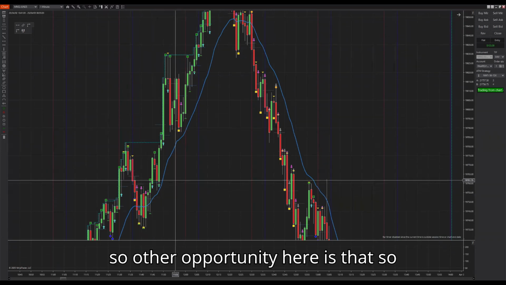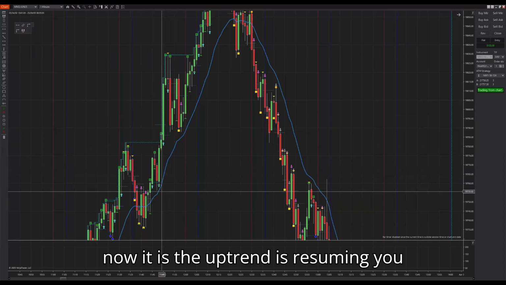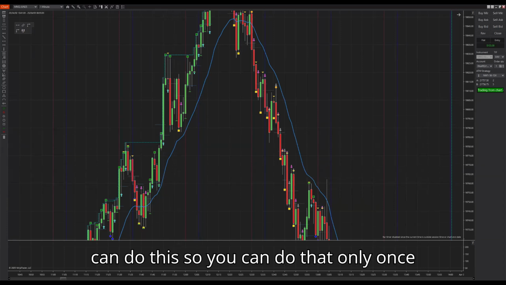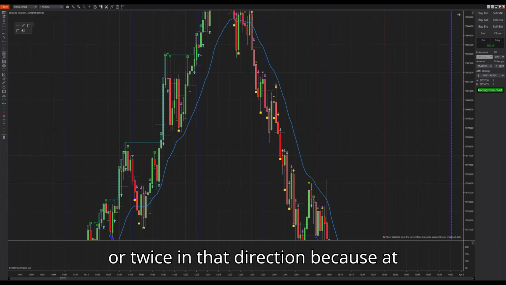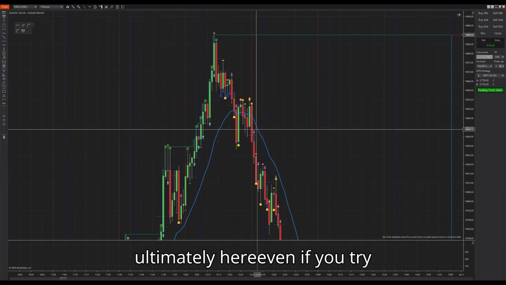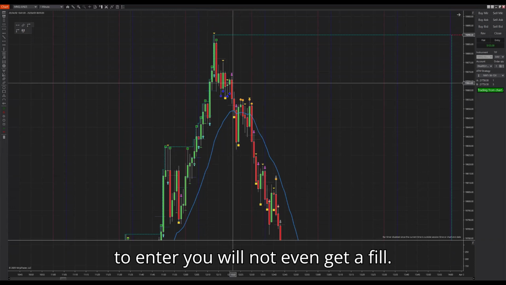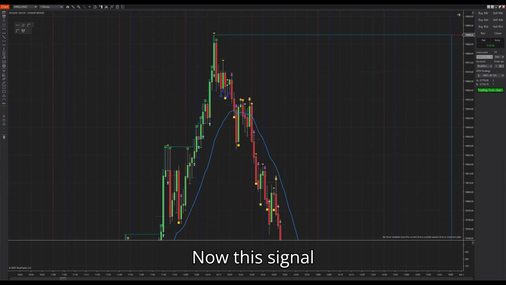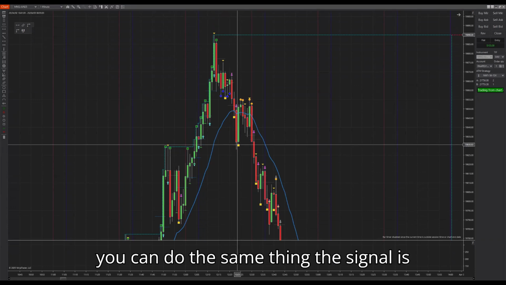So other opportunity here is that now the uptrend is resuming. You can do this. So you can do that only once or twice in that direction, because at some point it will start reversing. So ultimately here, even if you try to enter, you will not even get a fill. Now this signal, you can do the same thing.